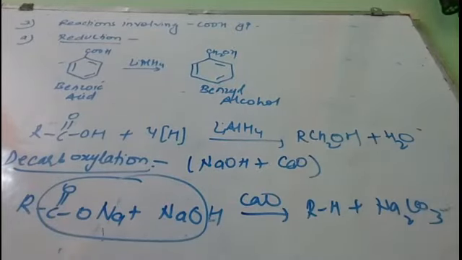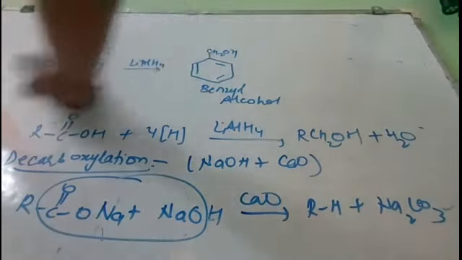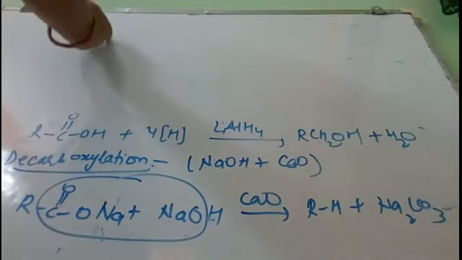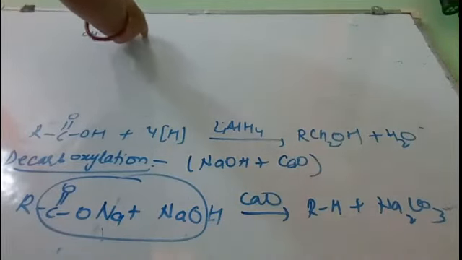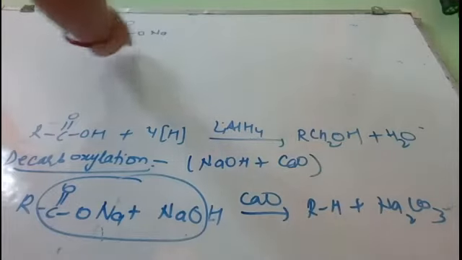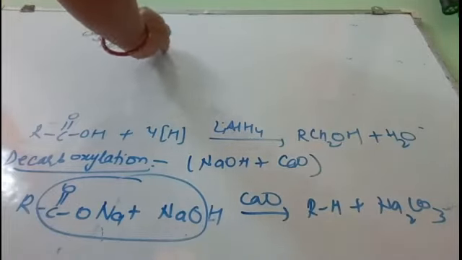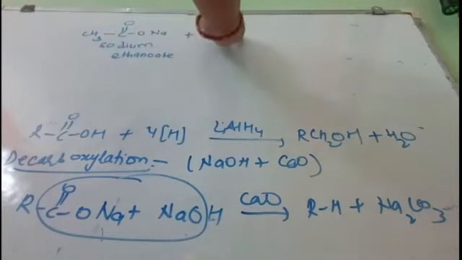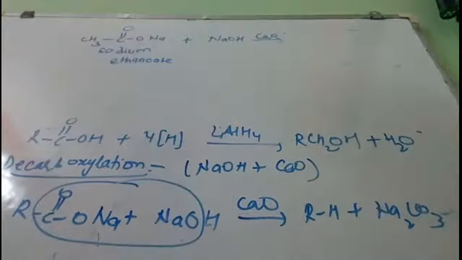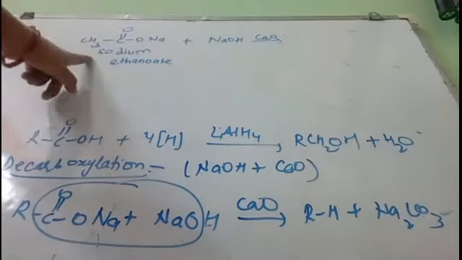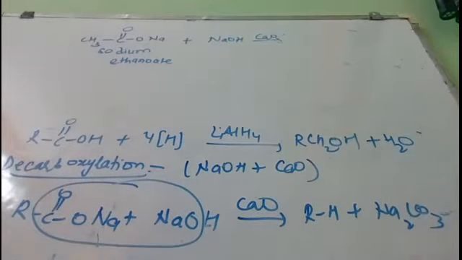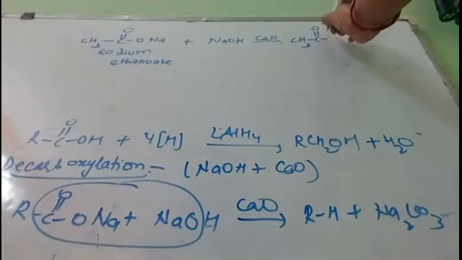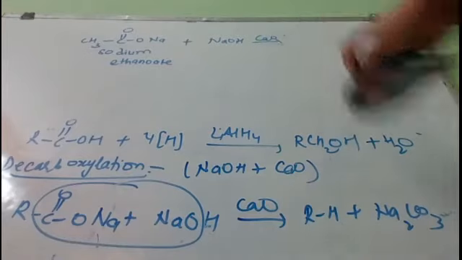Let us quickly take one example. So, suppose you have sodium ethanoate, you treat it with soda lime. So, when we treat this sodium ethanoate with soda lime, we will get here methane.